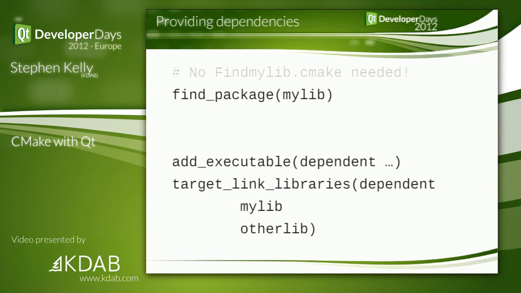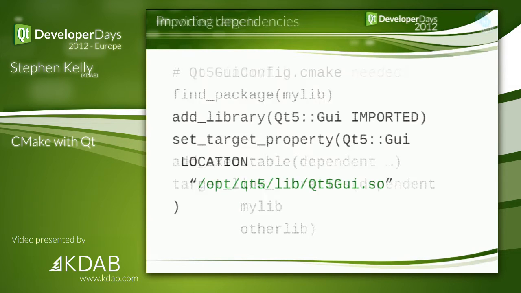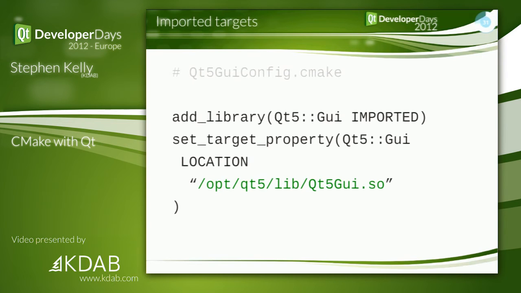And they'll be able to use it just the same as we can use Qt5. Simply link against mylib or other lib without having to specify the includes or the defines. So what it actually generates in the targets file is what we call imported targets.